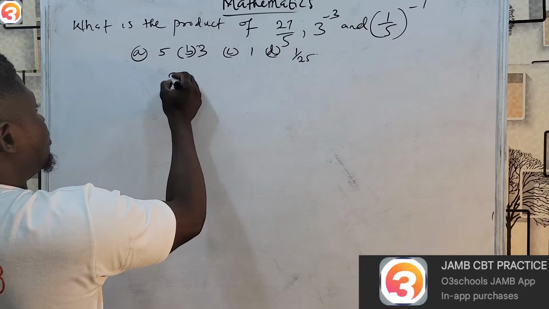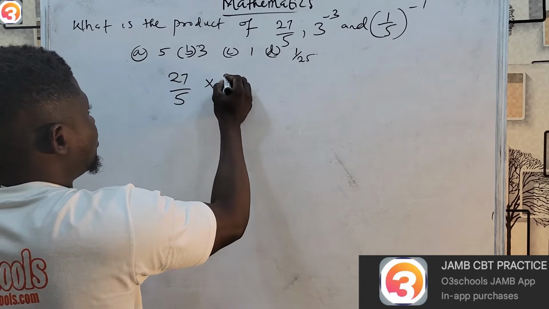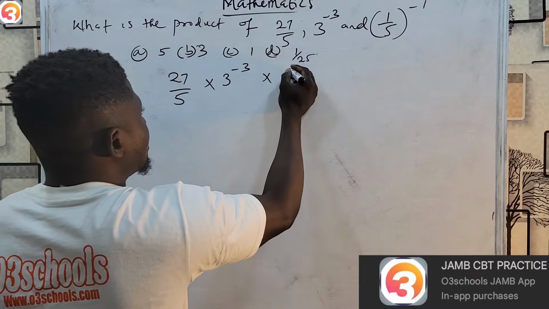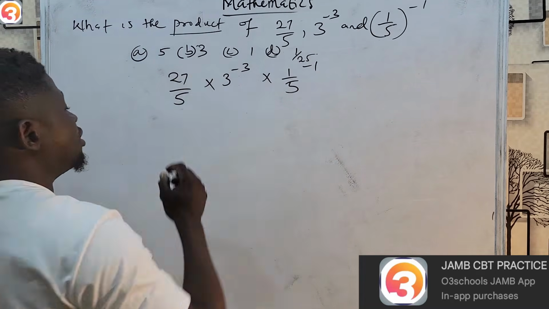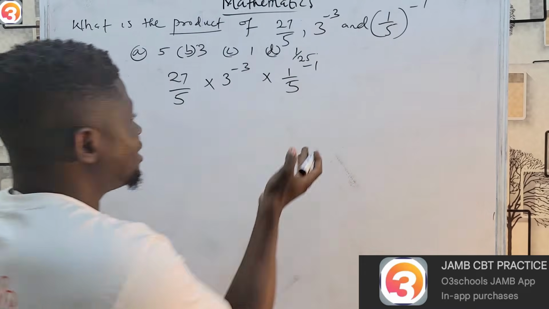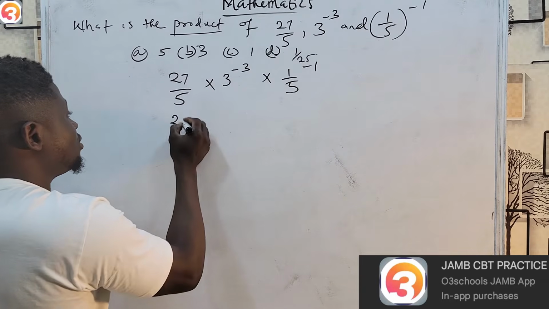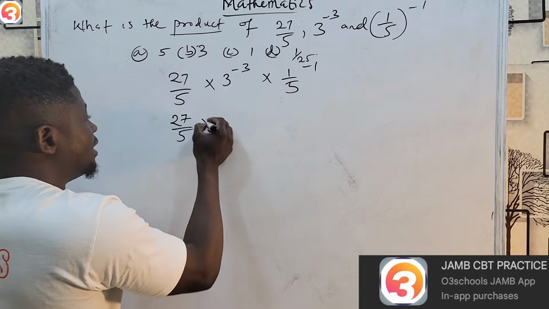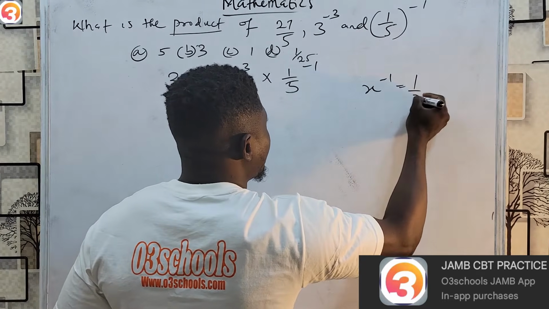Now the product of 27 over 5, times 3 raised to the power minus 3, then times 1 over 5 raised to the power minus 1. Product simply means multiplication. So they say multiply everything together. So let's apply our laws of indices. 27 over 5, then times, remember our law of indices, x raised to the power minus 1 is 1 over x, isn't it?